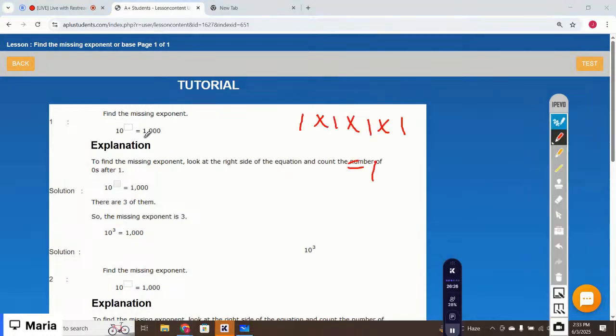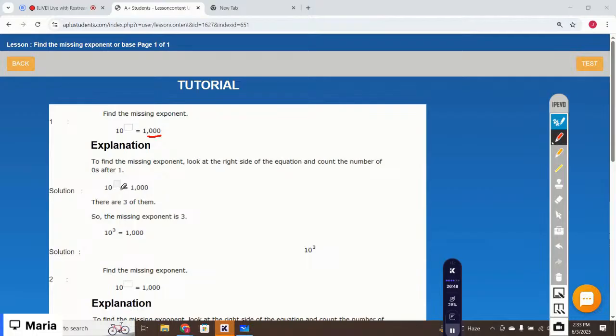10 exponent missing equals 1000. So to find the missing exponent, we need to look at the right side of the equation. We need to count the number of zeros. So here we have three zeros. One, two, three.